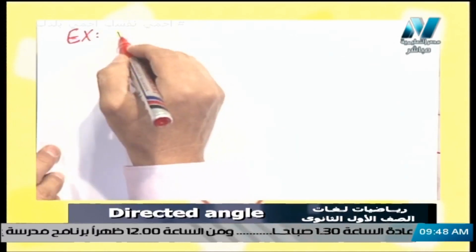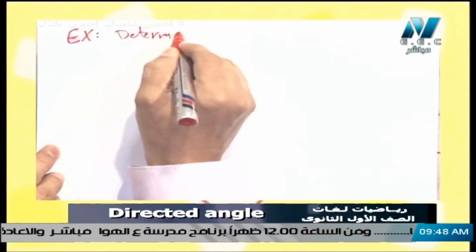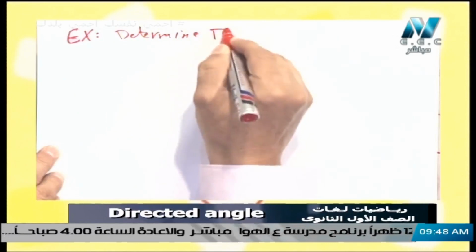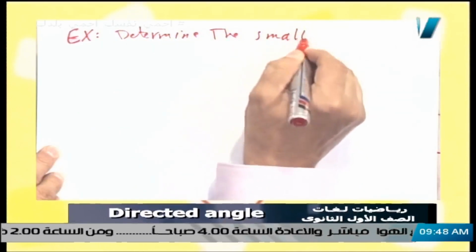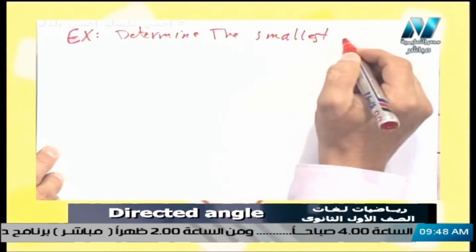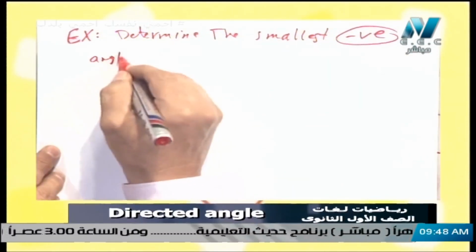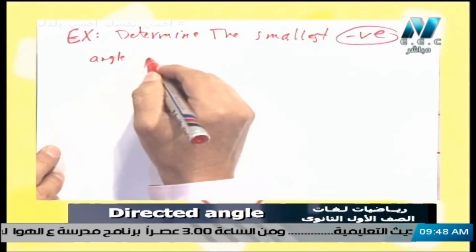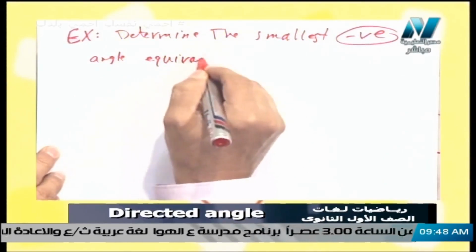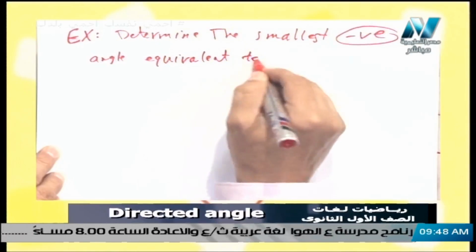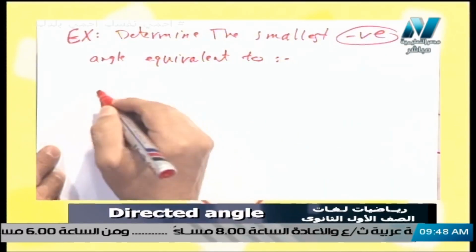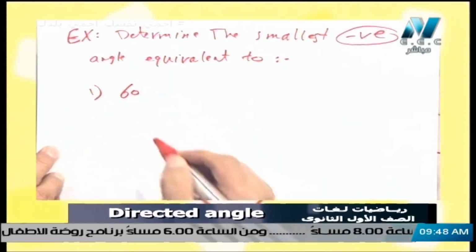Determine the smallest negative angle which is equivalent to the given angles, which is number 1, 60 degrees.